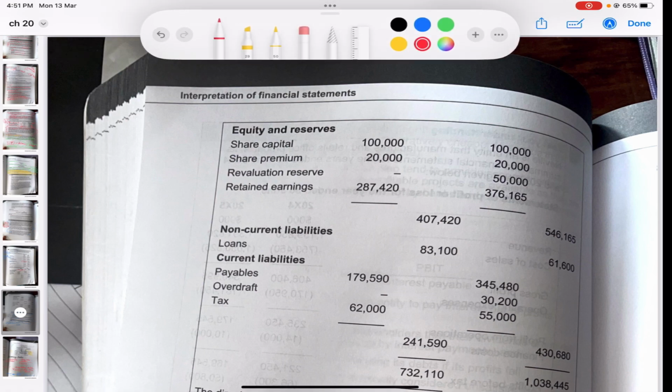Equity and reserves is also given. NCL is also given. So what do I not have to include? I just don't have to include my current liabilities. Can you do that? Can you add and tell me how much is the capital employed?